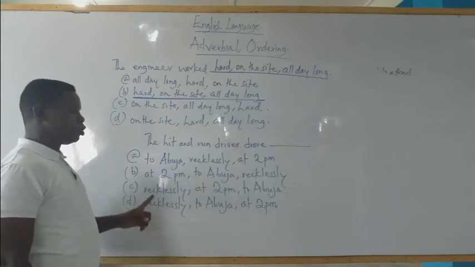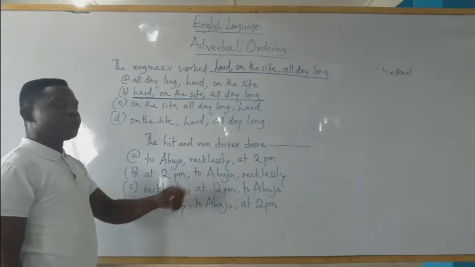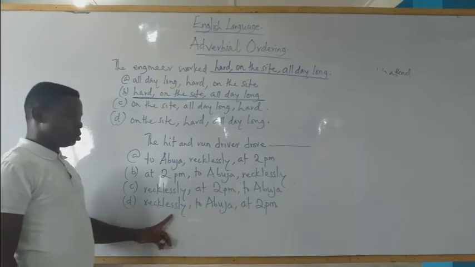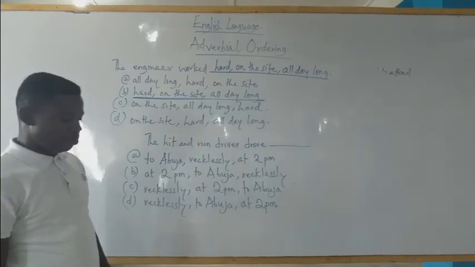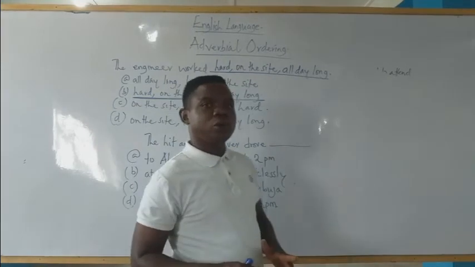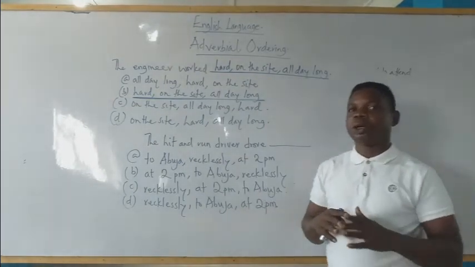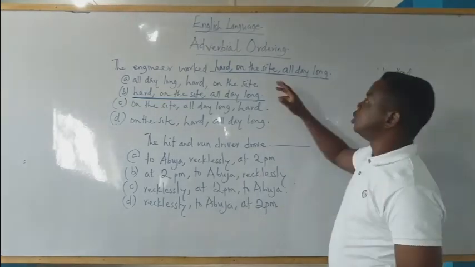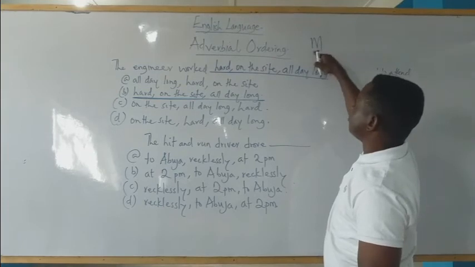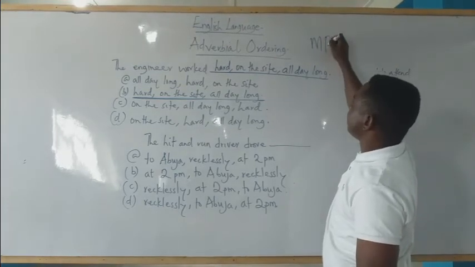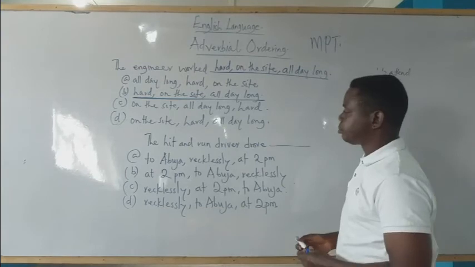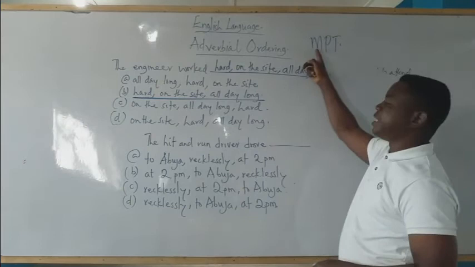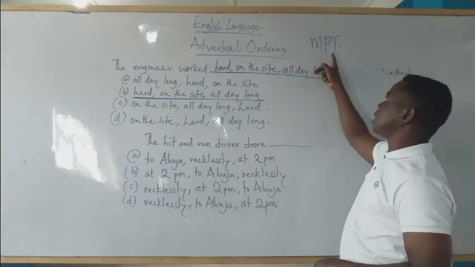Option C, drove recklessly at 2 p.m. to Abuja. Option D, drove recklessly to Abuja at 2 p.m. If you follow our order of arrangement, it is MPT: manner, place, and time. Just look at the options, identify your manner, your place, and then the time.